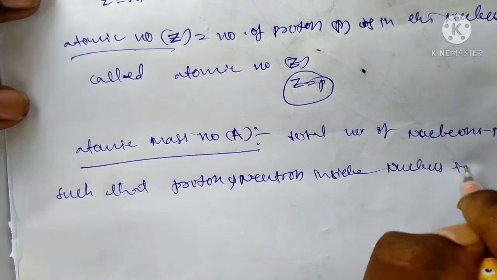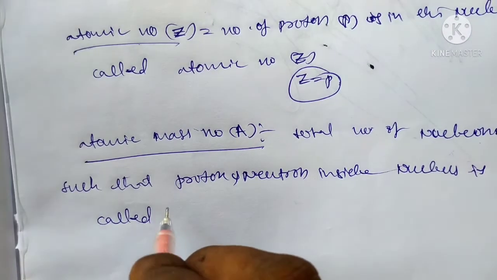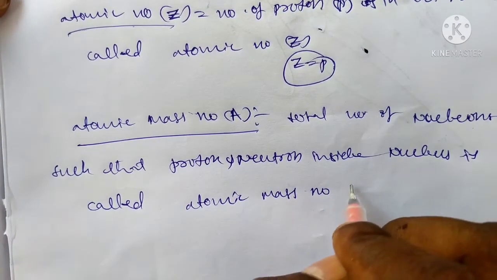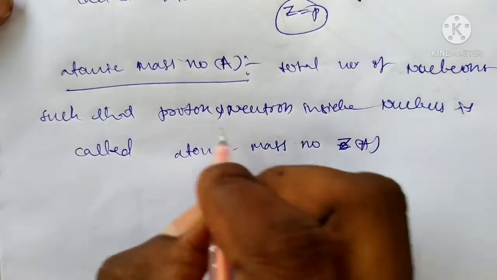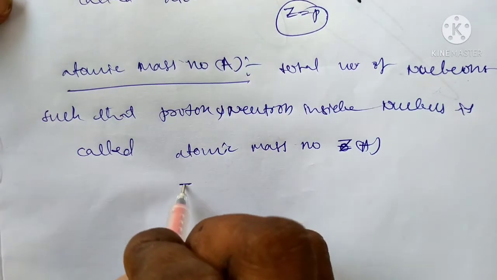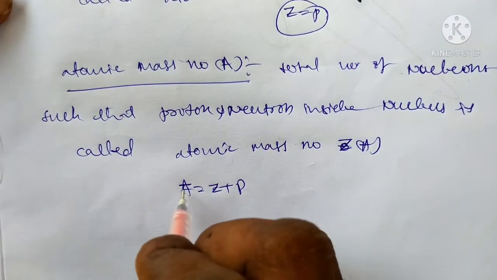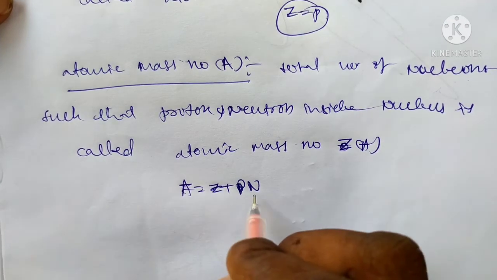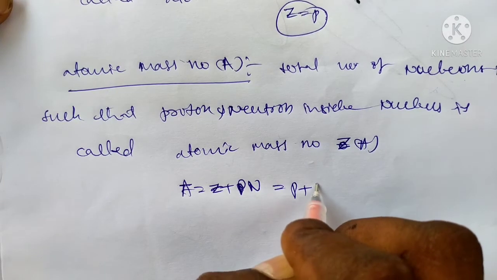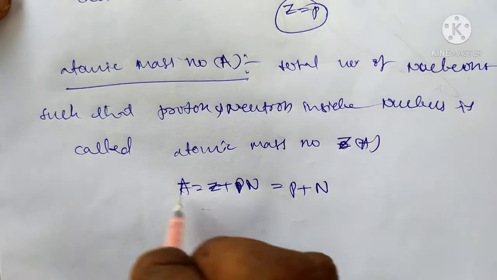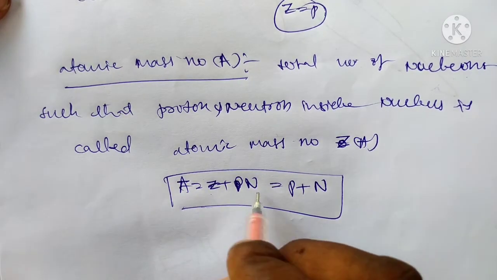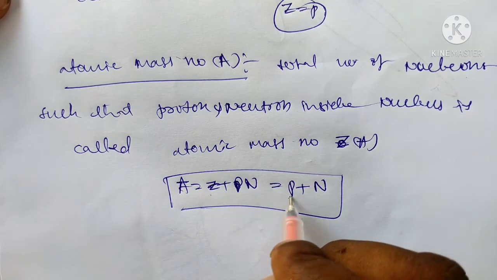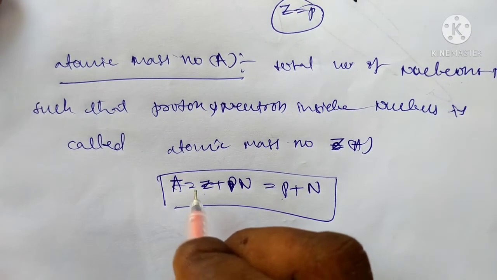A is equal to Z plus N, or P plus N. That is, the atomic number plus the number of neutrons is called the atomic mass number.